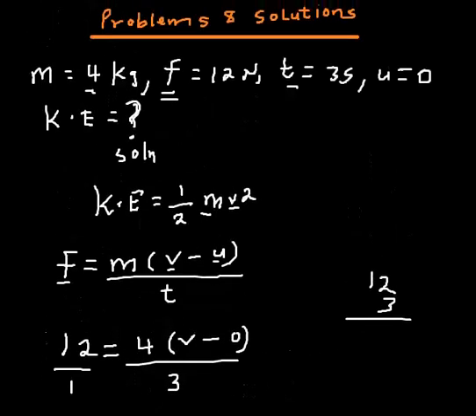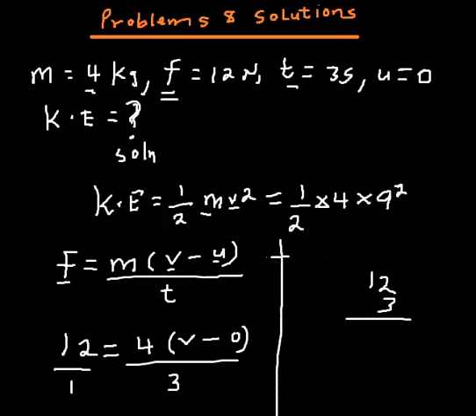Having gotten my velocity, I can now evaluate the kinetic energy. That's half times the mass, the mass is 4, then multiply by the velocity squared, 9 square.